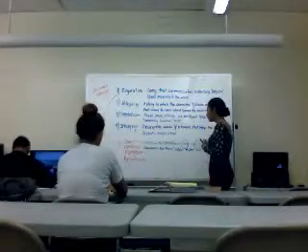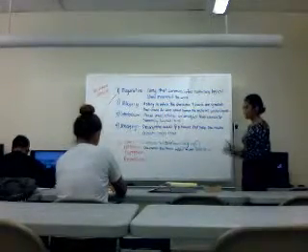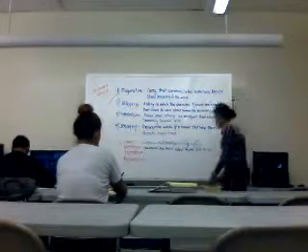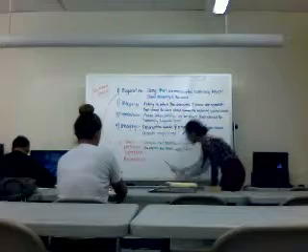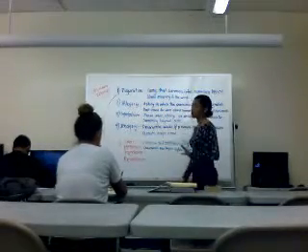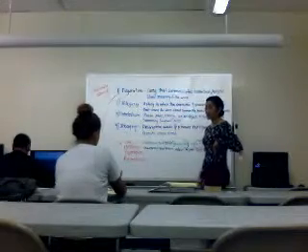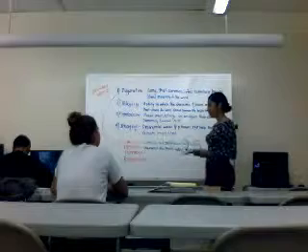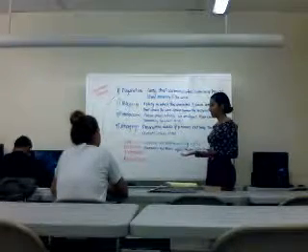Okay, so the metaphor is comparing two things without using like or as. They're really similar. You're basically doing the same thing, but in a metaphor, you don't see like or as. So it's really easy to spot a simile. If I were to say your eyes shine like the sun, what is that? Simile.